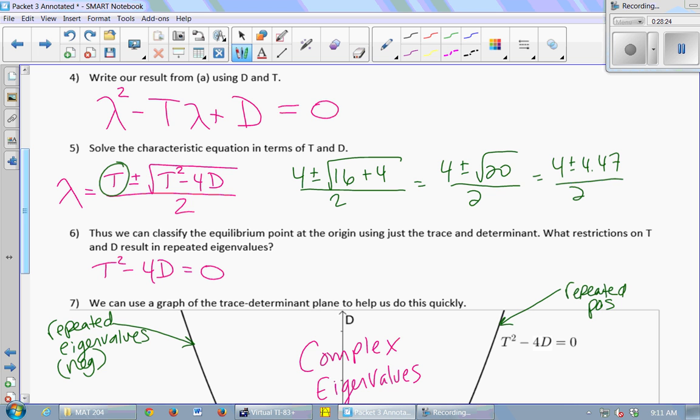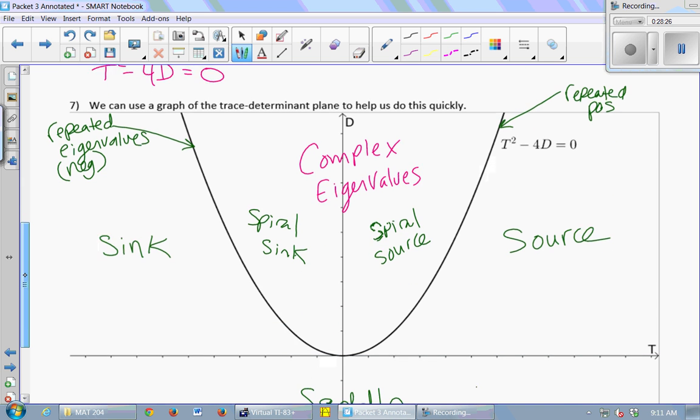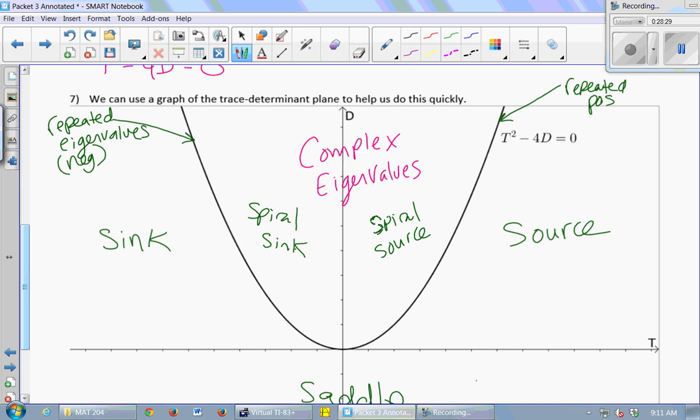So when you're on the d-axis here, where your trace is 0, this axis is centers. Which makes sense, because it's the line between a spiral sink and a spiral source.